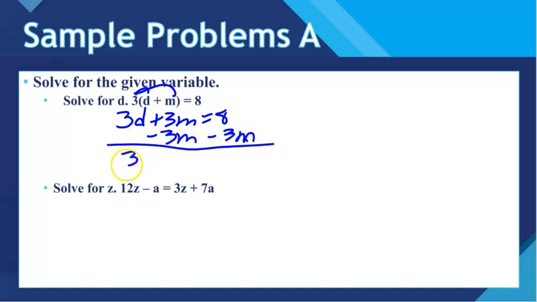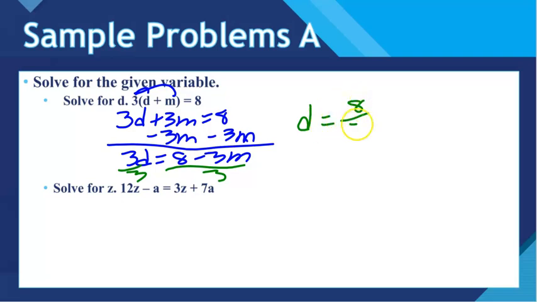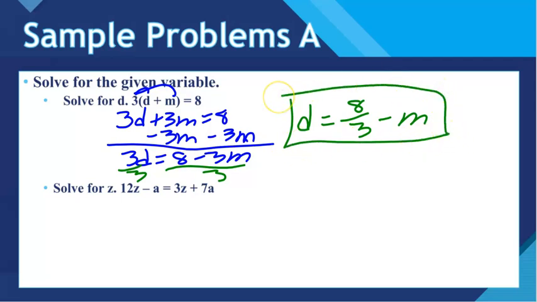So right now I have 3D equals 8 minus 3M. The final step is divide everything by 3. So D is actually 8 over 3 minus M. Because I'm dividing both terms by 3, the negative 3M divided by 3 is just negative M.